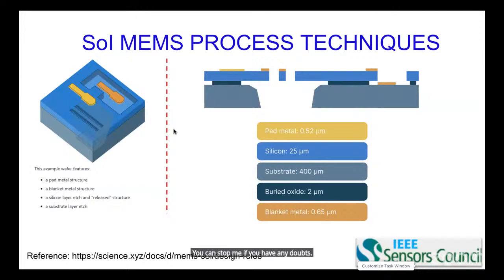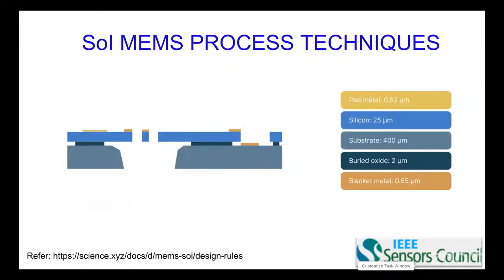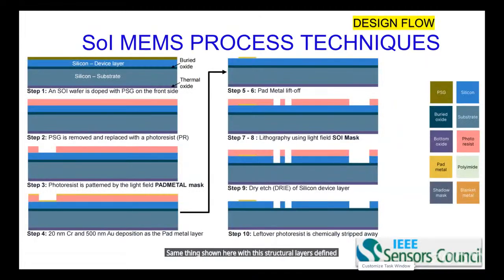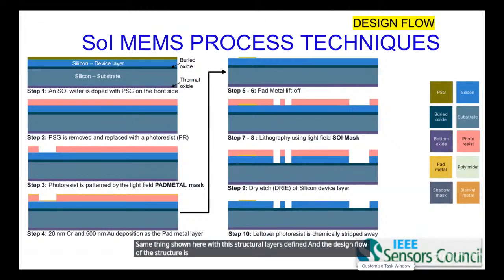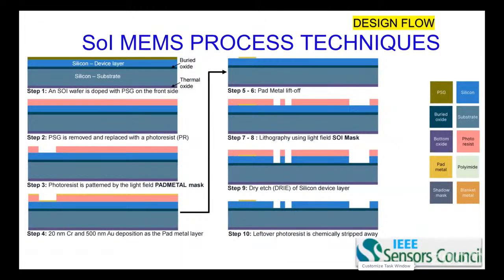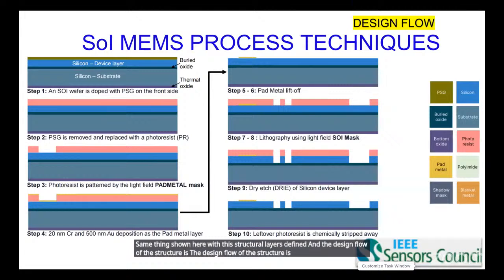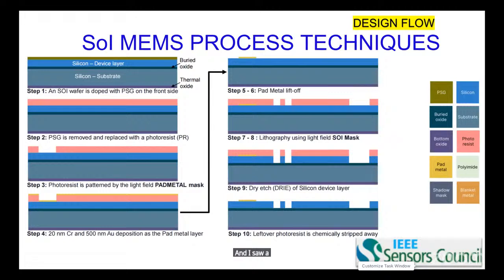So this particular device, same thing shown here with the structural layers defined, and the design flow of the structure is, in step 1, an SOI wafer is doped with phosphosilicate glass, PSG, on the front side.